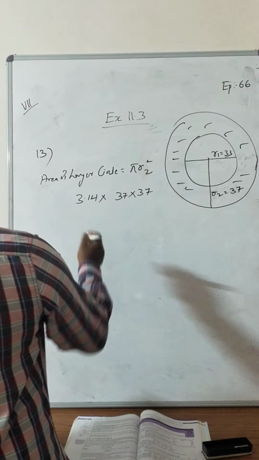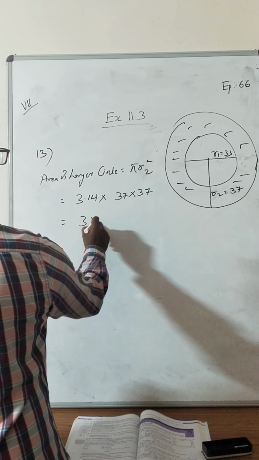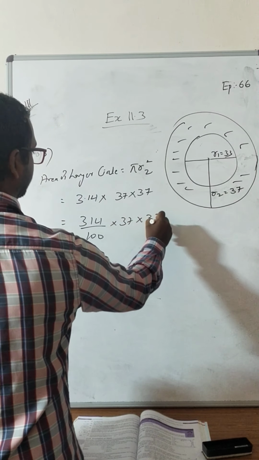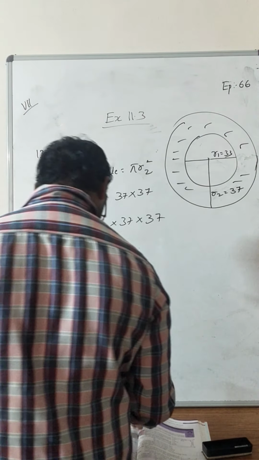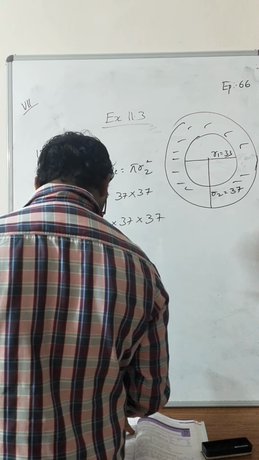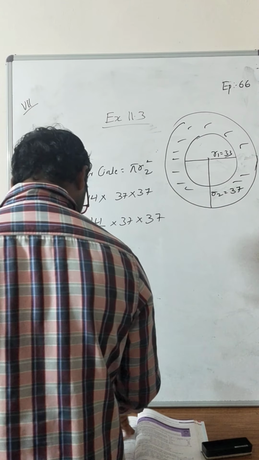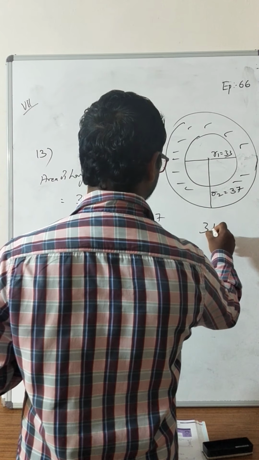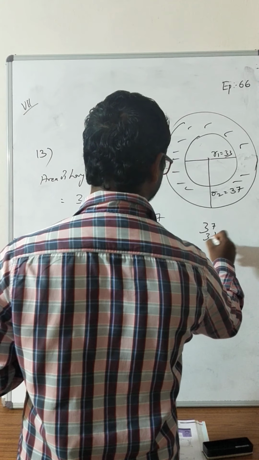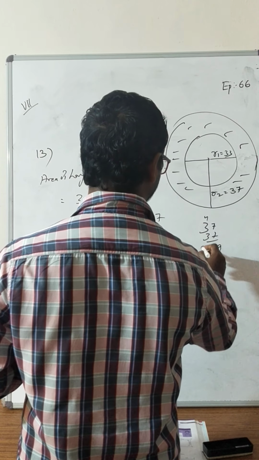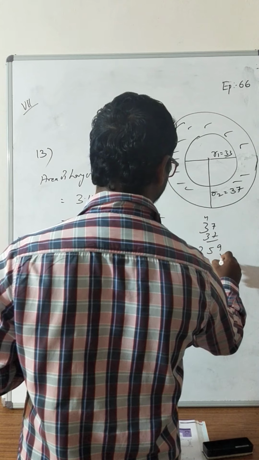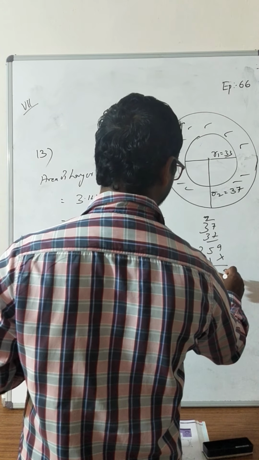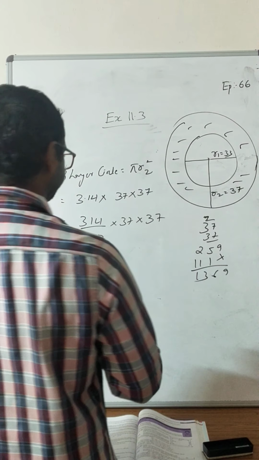So here we can take 314 divided by 100 into 37 into 37. When we multiply, 37 into 37 is how much? 7 7s are 49, 7 3s are 21... So it is 1369.